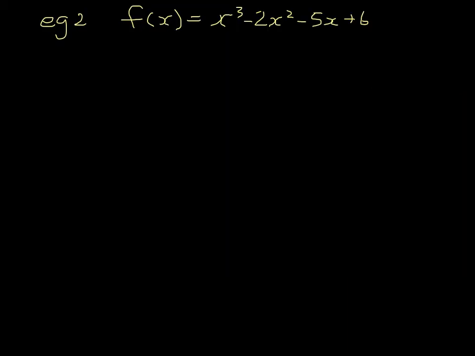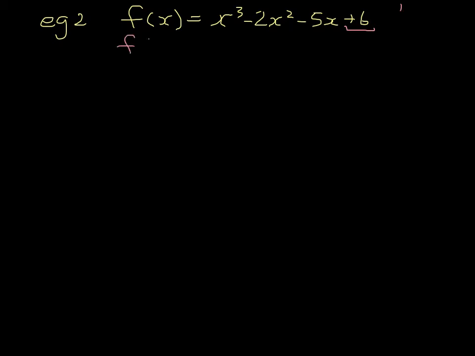Need to do the same thing where you have to look at the plus 6 and identify factors of that. I'm not going to list them all this time, but I'm going to still go through the same process of trying to find a remainder of 0. And we'll try x equal to 1 first.